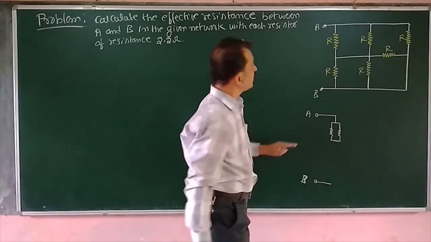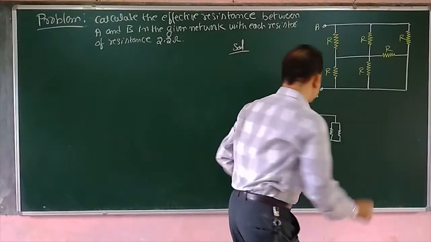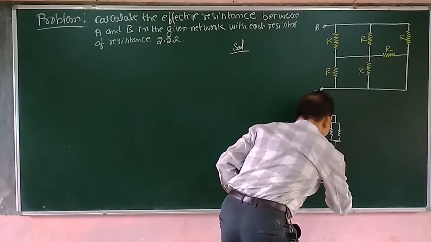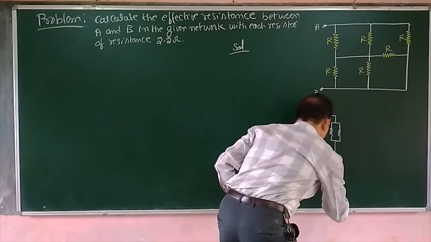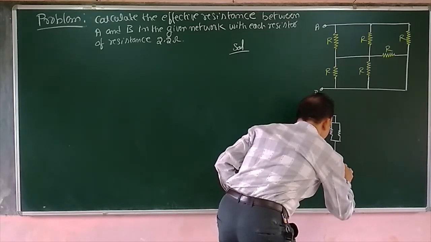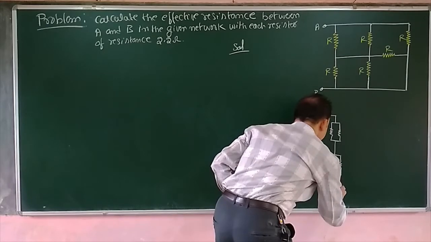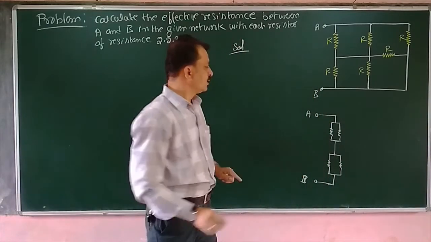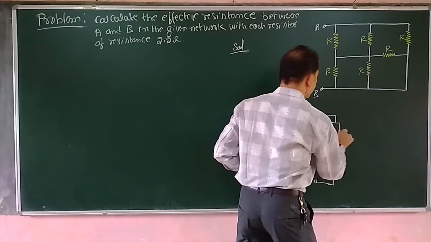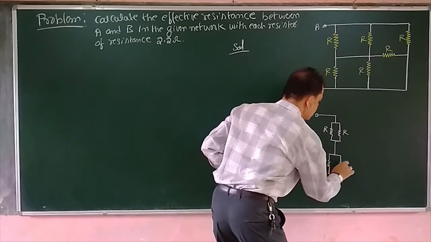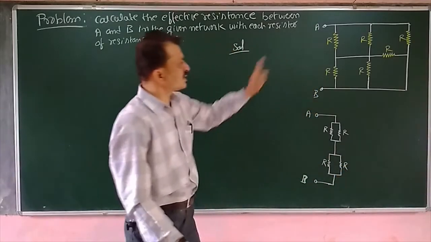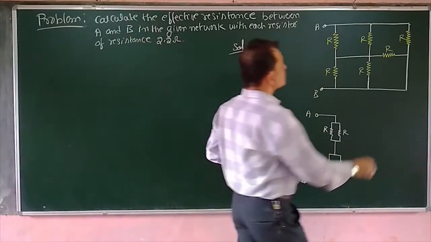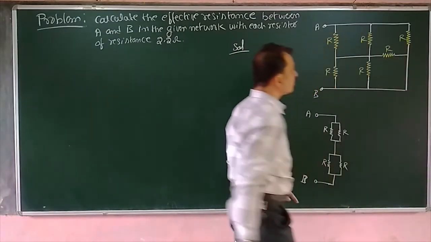Similarly these two are in parallel, so I will write here. Now they are connected like this. Clear? Now this is R, this is R, this is R, and this is R. Now come to this resistor and this resistor.